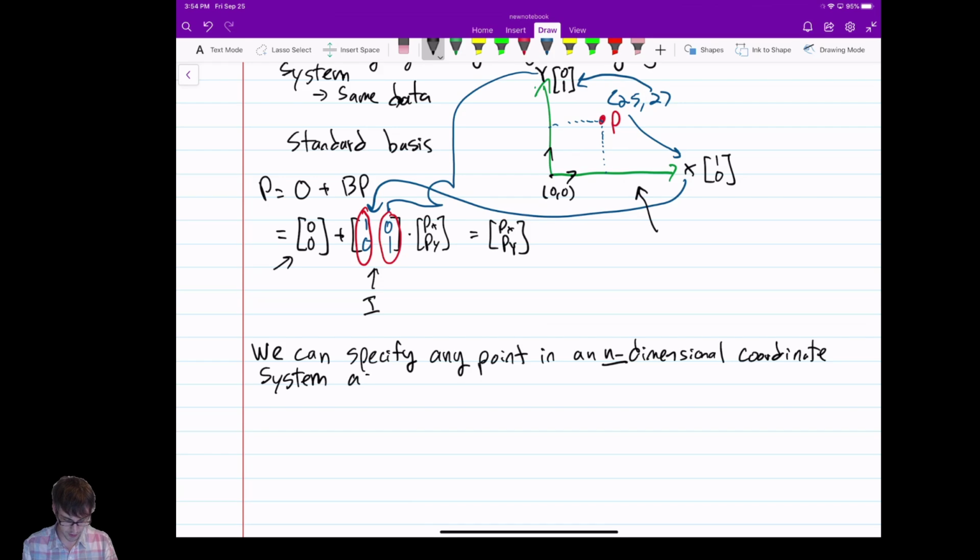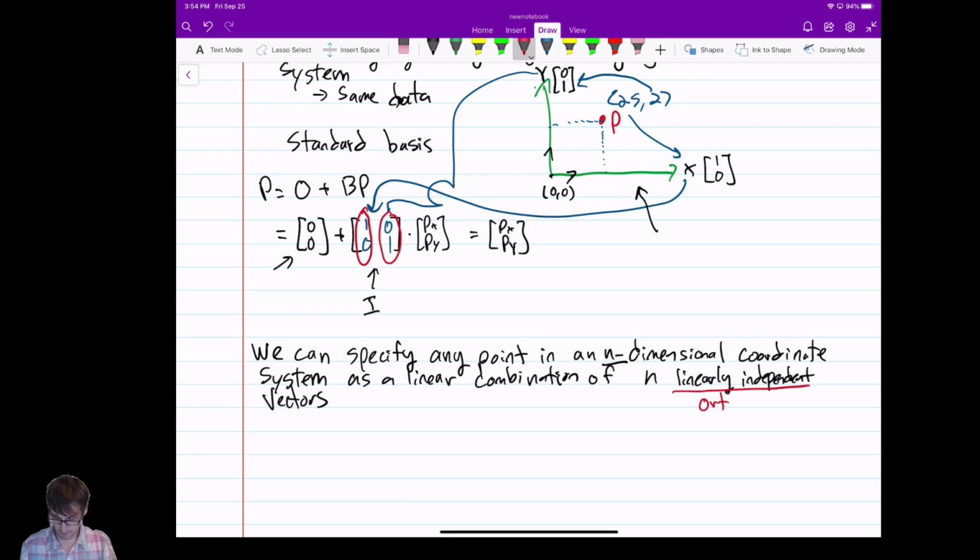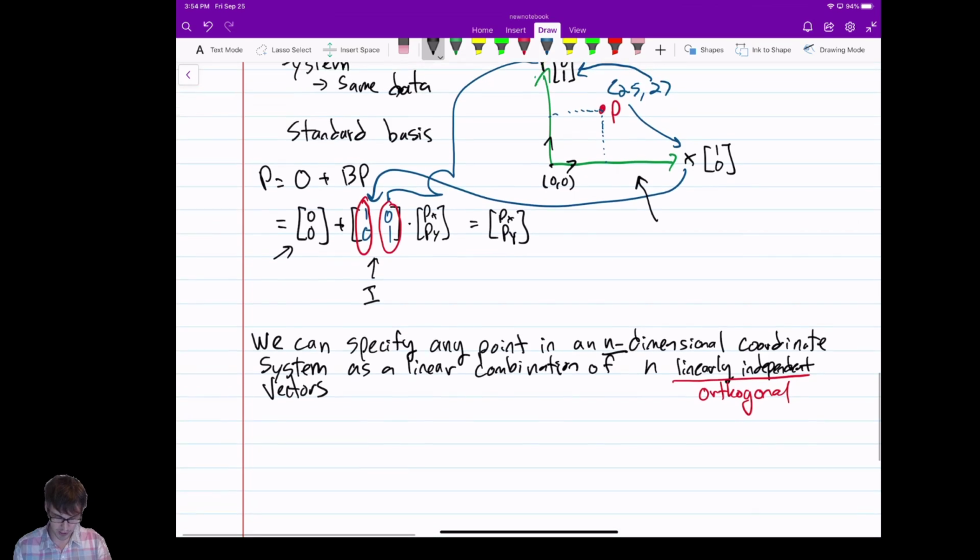As a linear combination of n linearly independent vectors. Another way to say linearly independent is orthogonal. Okay. So we can specify any point as a linear combination of orthogonal vectors.